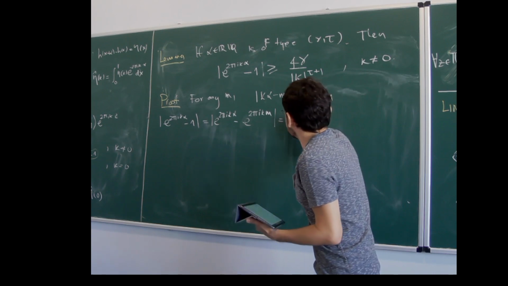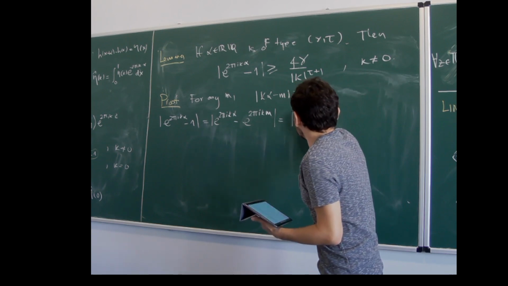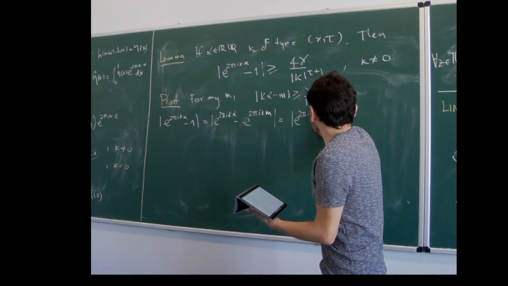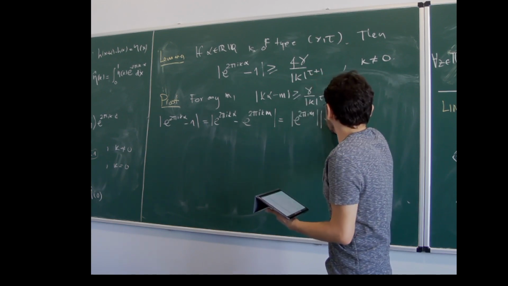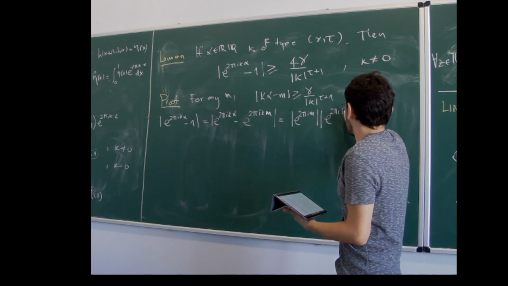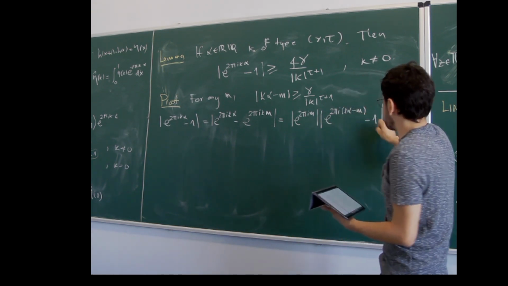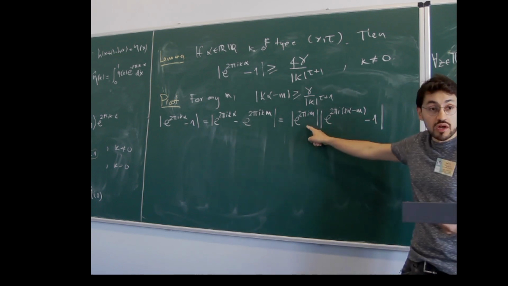So I can rewrite this as the norm of exponential of 2 pi I k alpha minus m, minus 1. The norm of this is 1, of course.